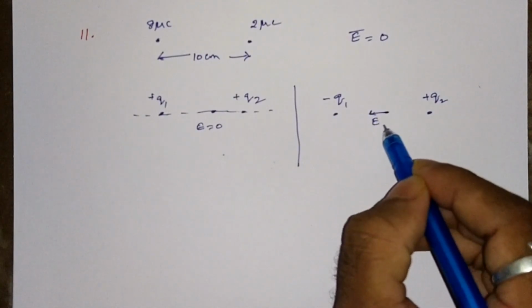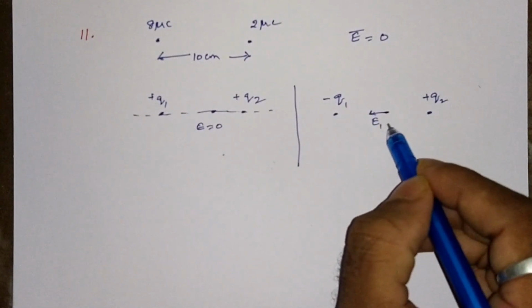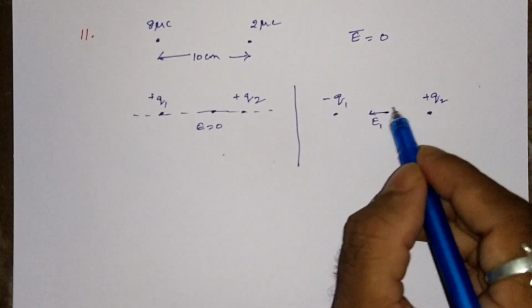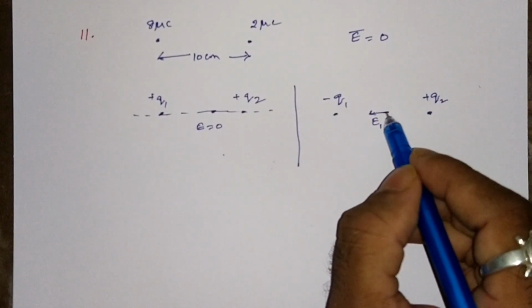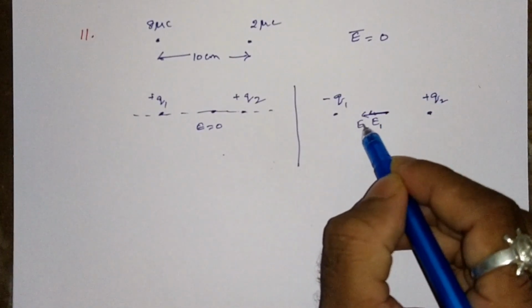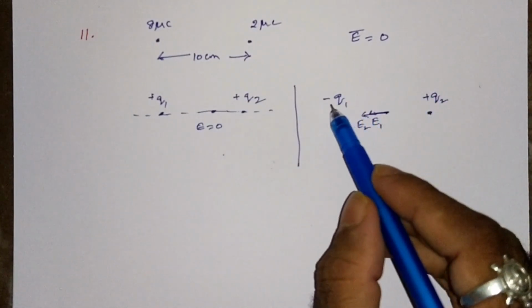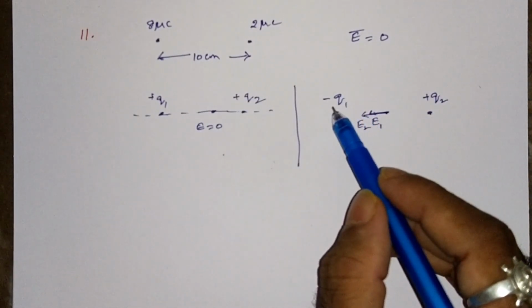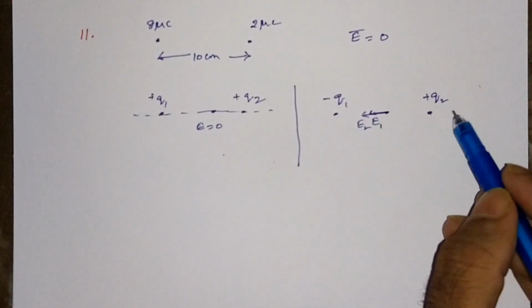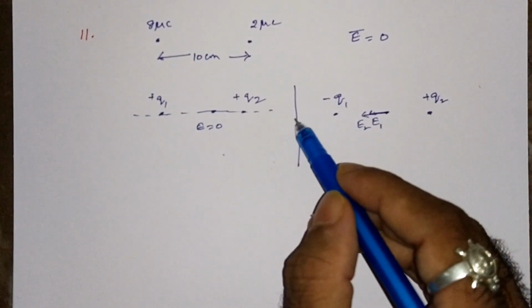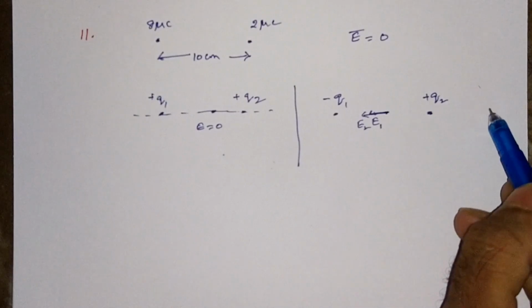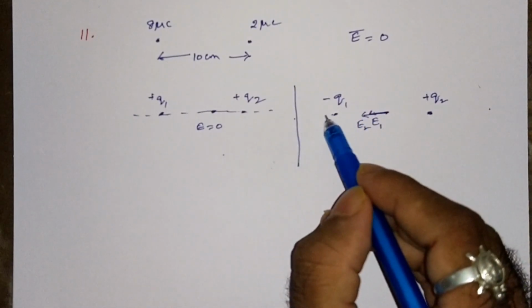This is E1. Due to q2, what is the direction of E? That will also be in this direction. It is not 0. That's why when the charges are unlike, the intensity of electric field will be 0 outside of the charges. It can be away from the q2 or it can be away from the q1.